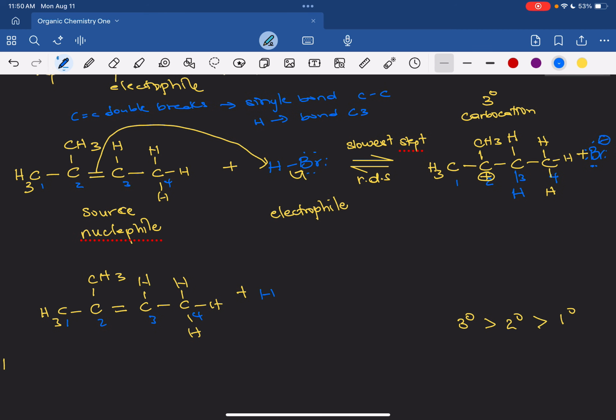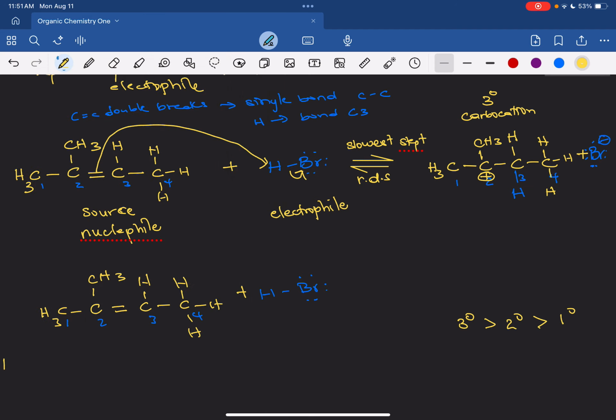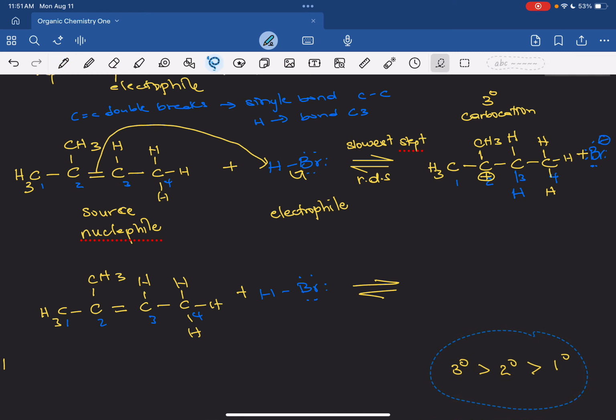Here we go. So let's disobey Mark. We are going to disobey Markovnikov's rule and see what carbocation we generate. Remember, we're being disobedient.